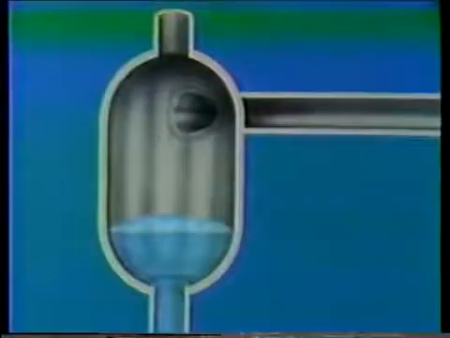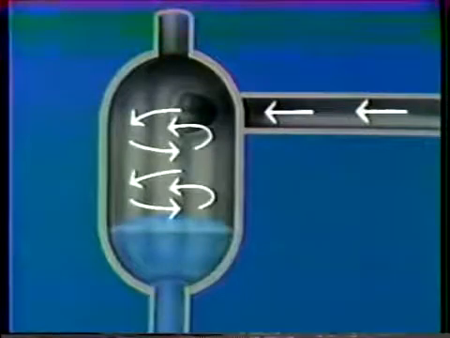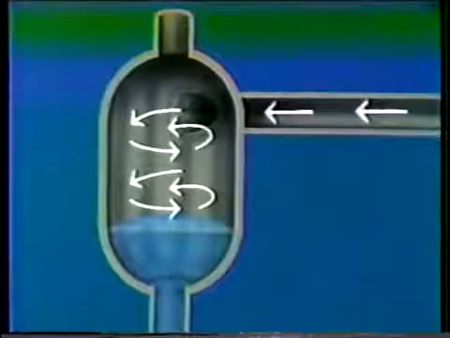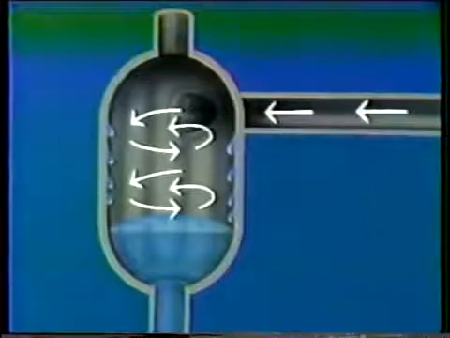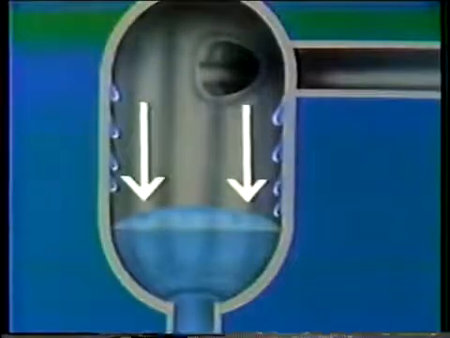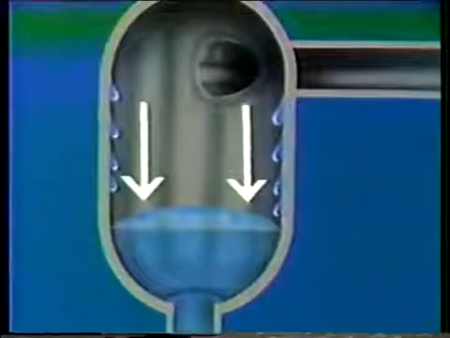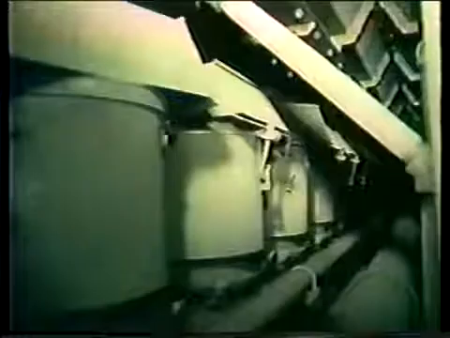In a cyclone-type separator, steam swirls around inside the separator, and moisture carried by the steam is thrown to the sides. It flows down the sides and collects at the bottom. The dry steam leaves through the top of the separator.